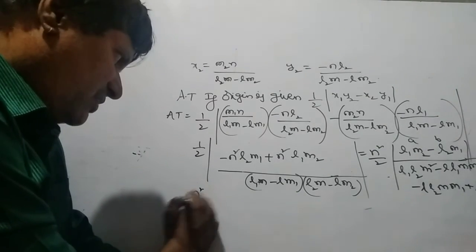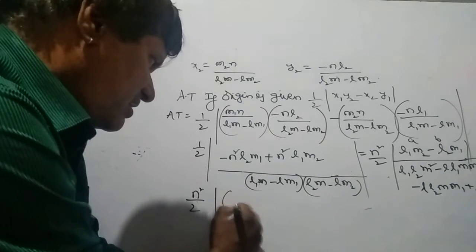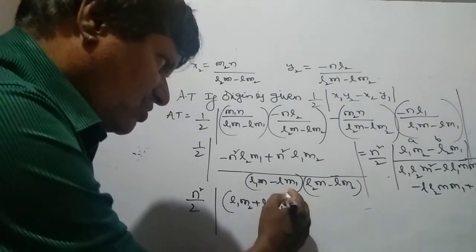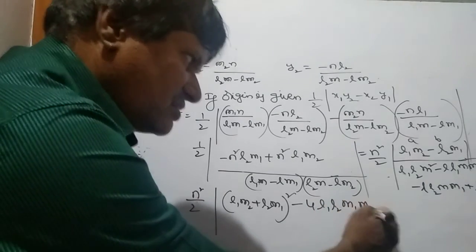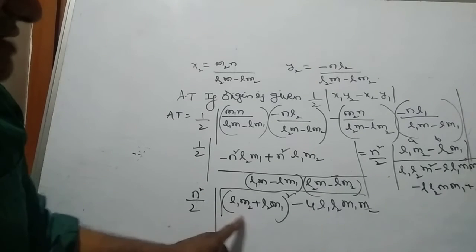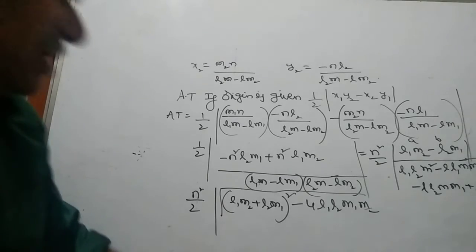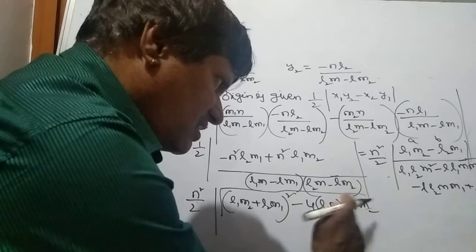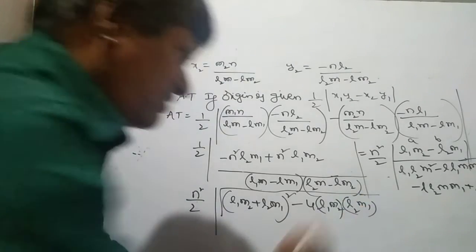N square by 2 into root of A plus B whole square: L1 M2 plus L2 M1 whole square minus 4 L1 L2 M1 M2. Under root, A plus B whole square minus 4AB. A is this, B is this, 4AB is 4 L1 L2 M1 M2, right?